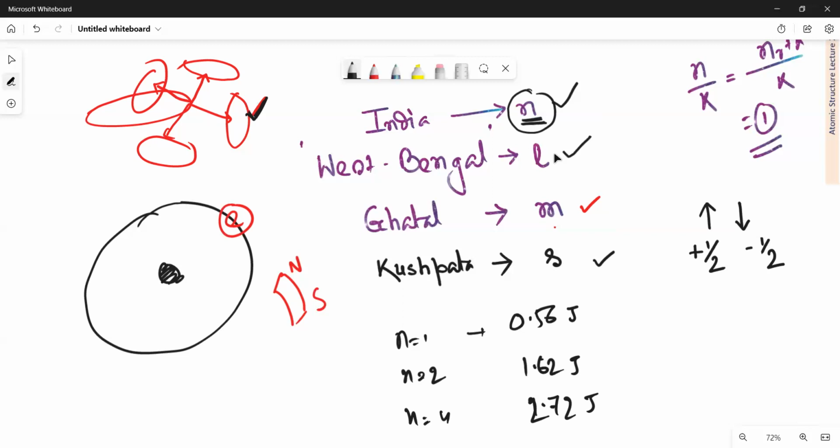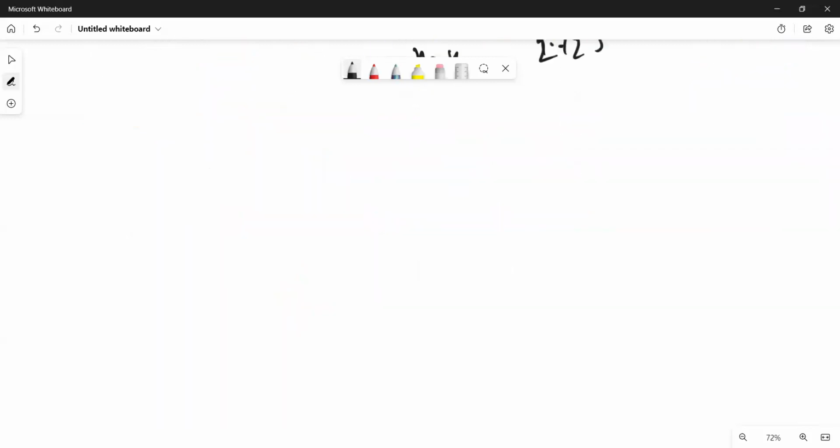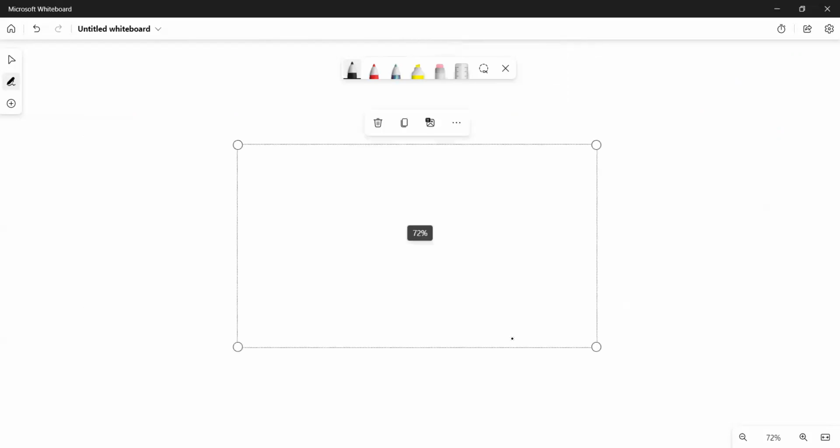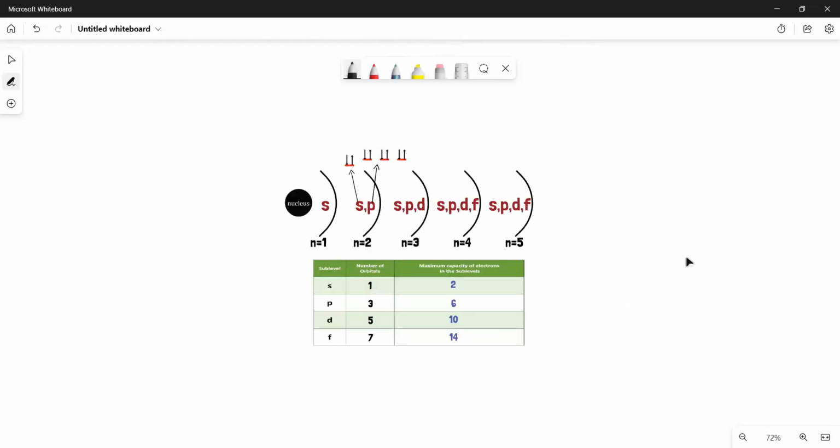Now, while I am locating the electron, I will take another picture. It will be much easier for you. Now you can see how the subshells are arranged.